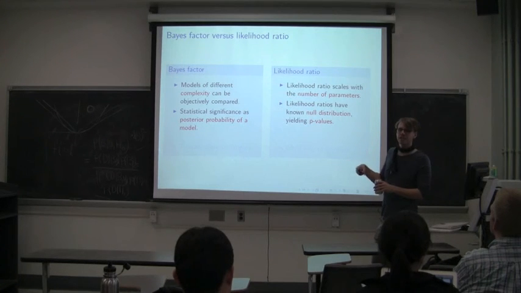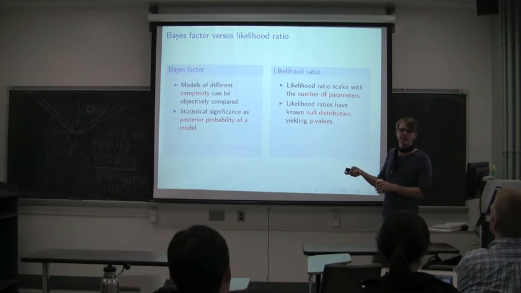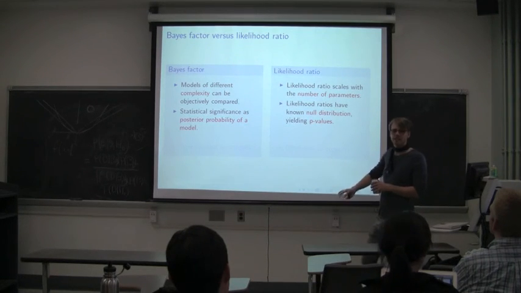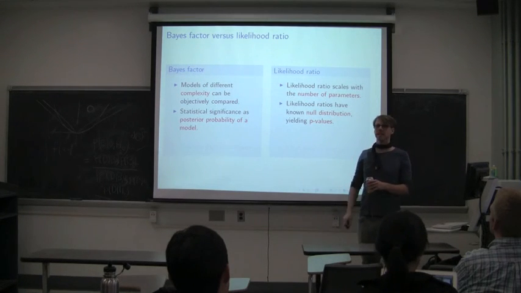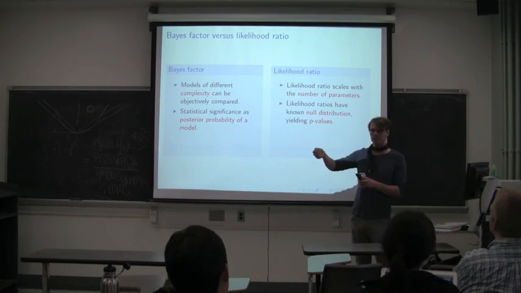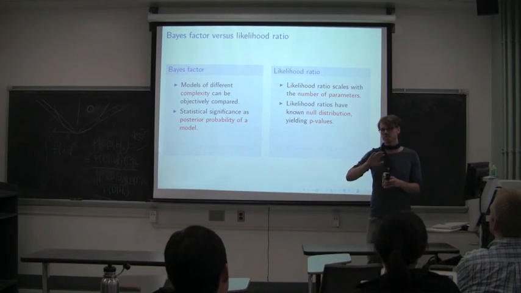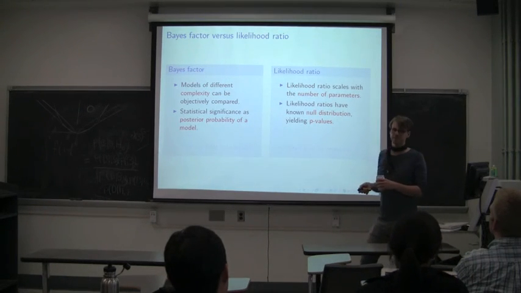It also enables us to test a simpler model, because we can say, everybody says there is this variable of influence, but I say there's no influence. You cannot do that with a likelihood ratio, because you can only test a more complex model, while here I can just turn the thing around if I want to.